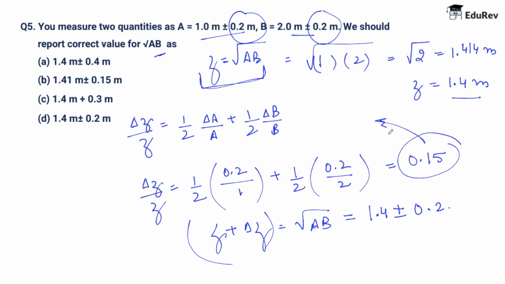When I round this off, I have to drop the 5, and when I drop the 5, the 1 is going to convert to 2. So it will be 0.2. Therefore, I have written Z that we calculated, which came out to be 1.4 plus minus delta Z, which is 0.2. So the answer has to be 1.4 plus minus 0.2. That is option number D.